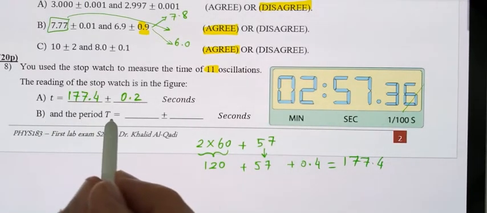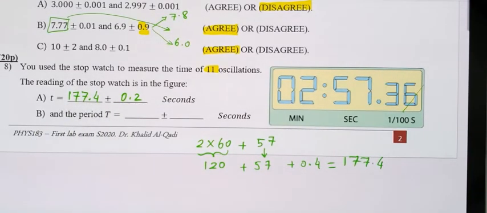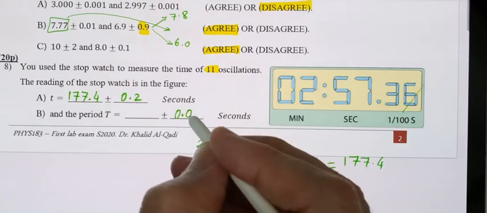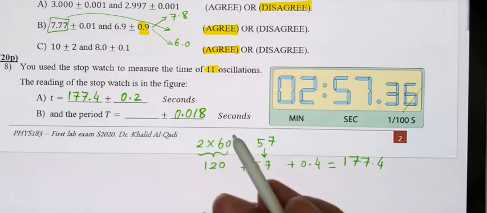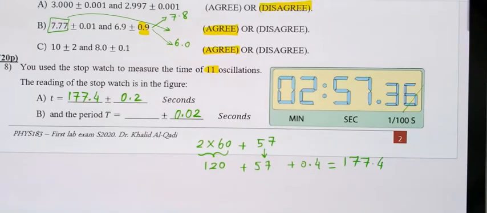Now he's asking about the period, so I need to divide all of them by 11. So I start with the error. Always I start with the error. So the error will be 0.018. Error is one significant digit, so I need to get rid of the 8. It will become 0.02. And I divide 177 divided by 11.